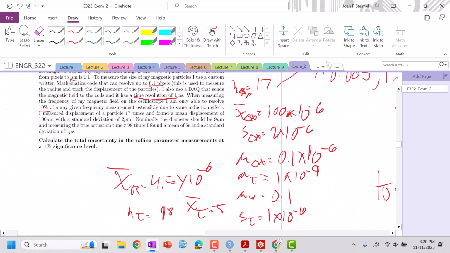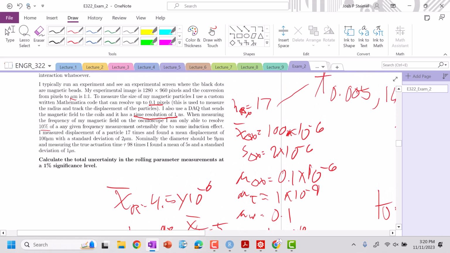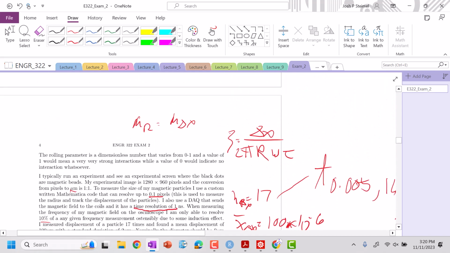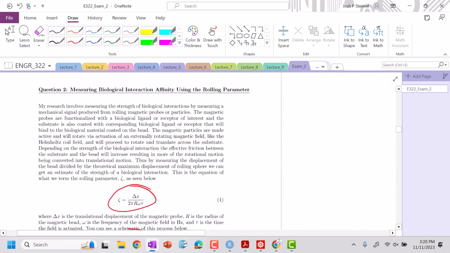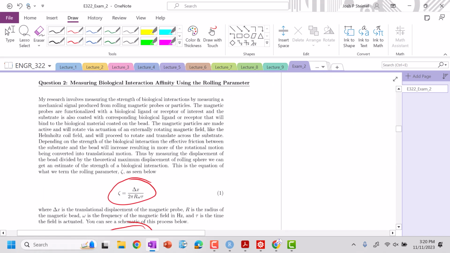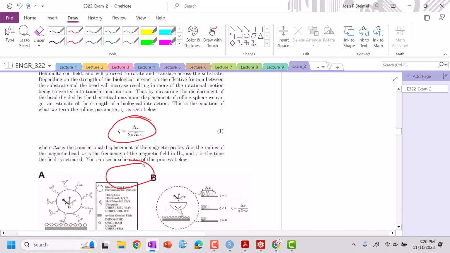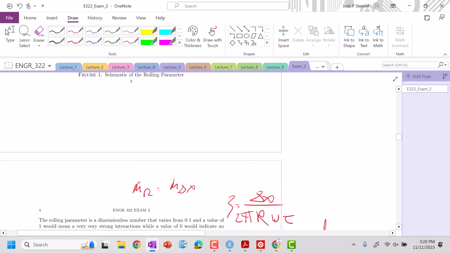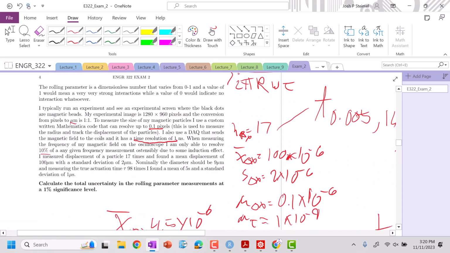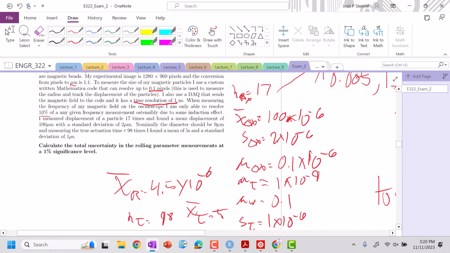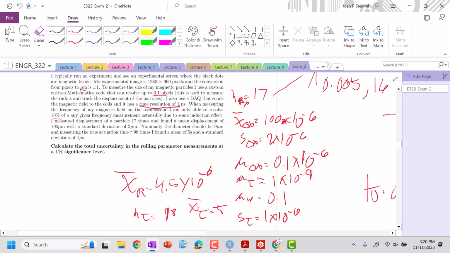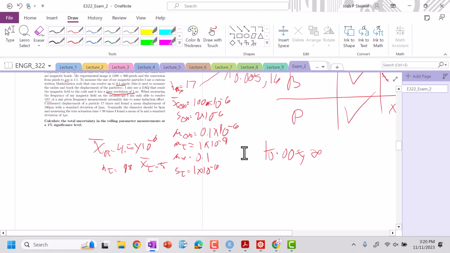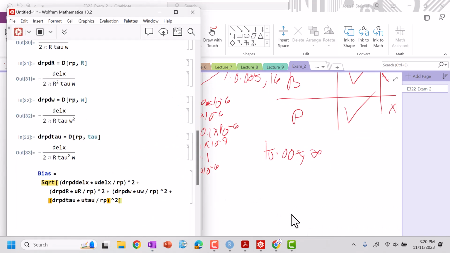I'm measuring the frequency of my magnetic field. Told this. Values from 0 to 1. Frequency. Found a mean, standard deviation. But we could actually leave that out. But again, we could use that as a fraction.